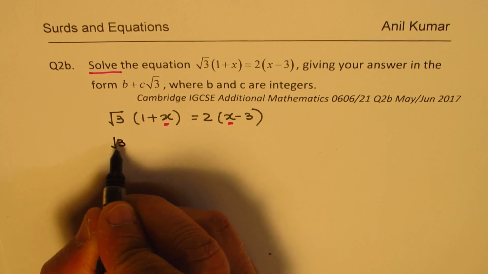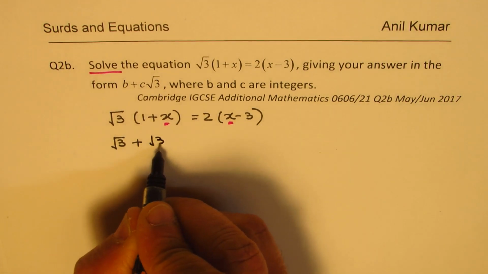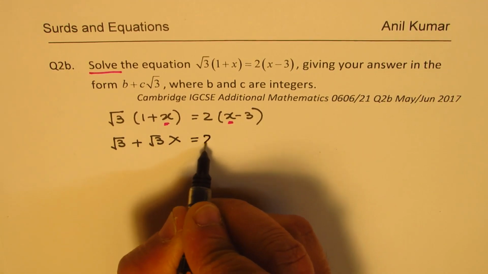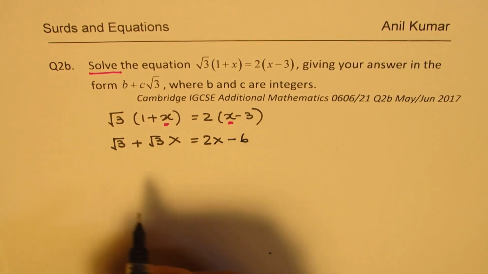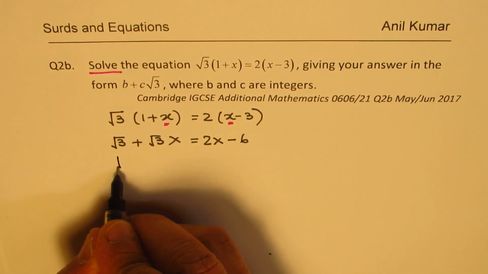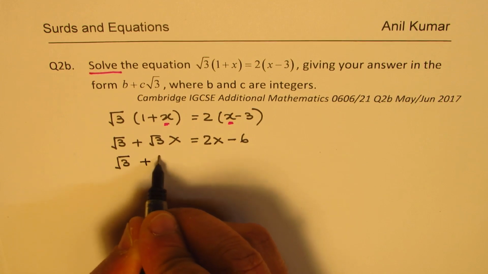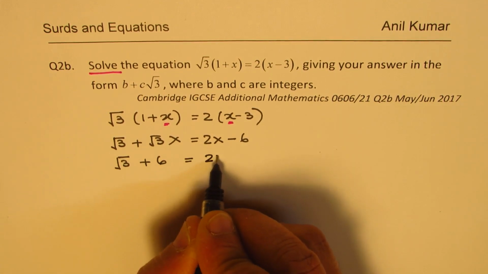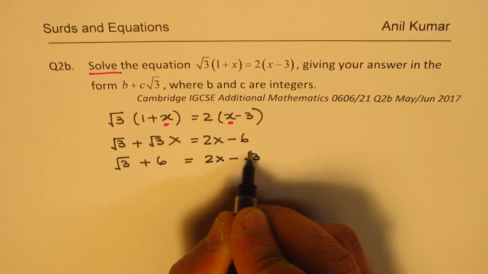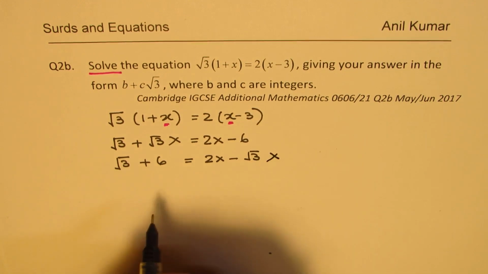So let's take the terms with x on one side after opening the brackets. So we get square root of 3 plus square root of 3x equals to 2x minus 6. Bringing 6 this side, we get square root of 3 plus 6 equals to 2x minus square root of 3 times x.